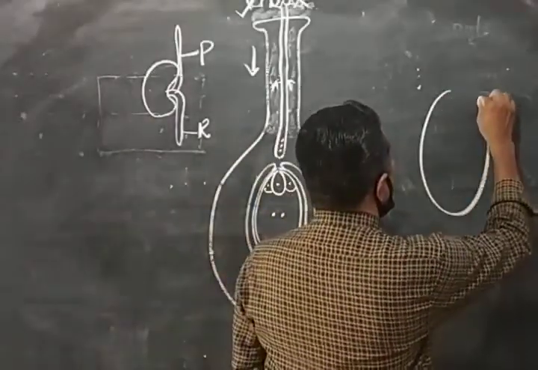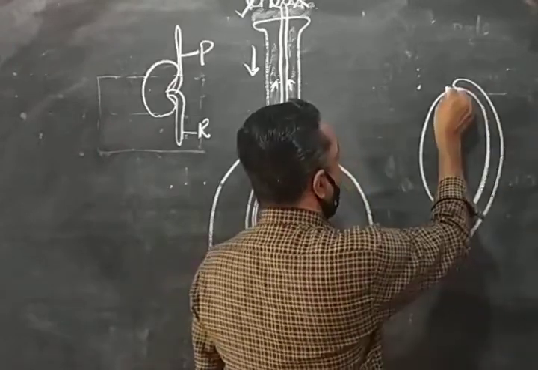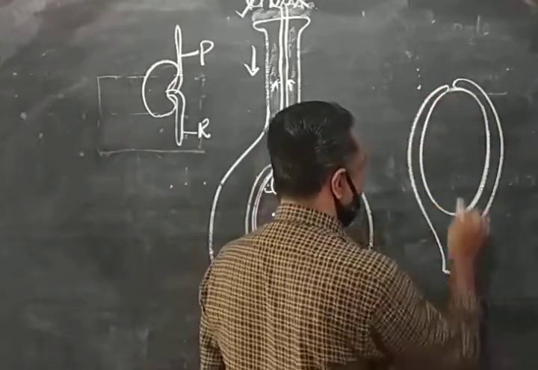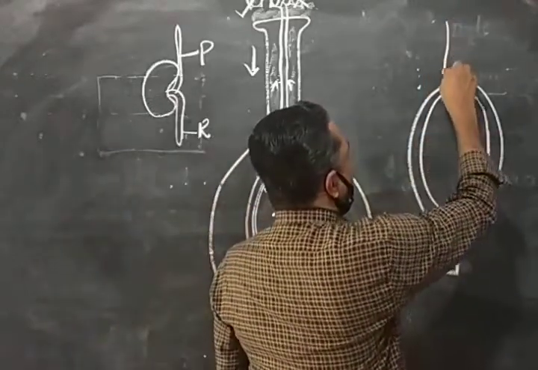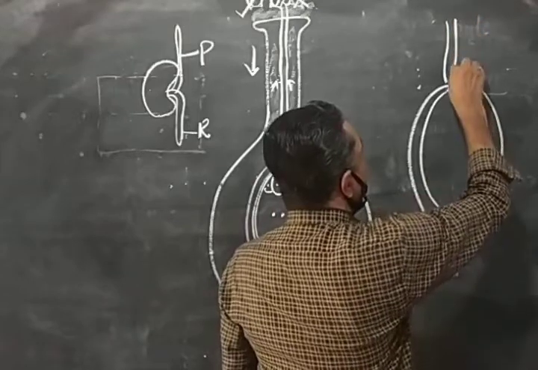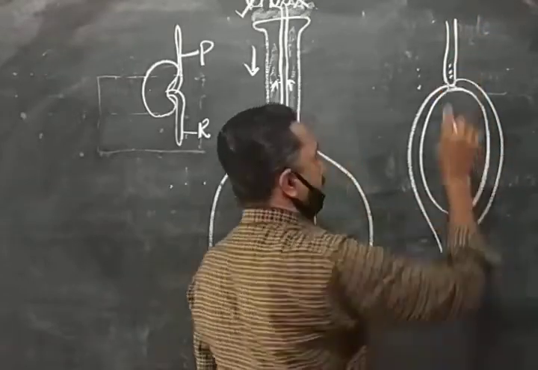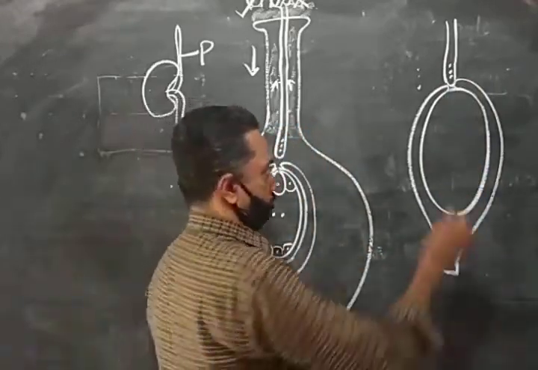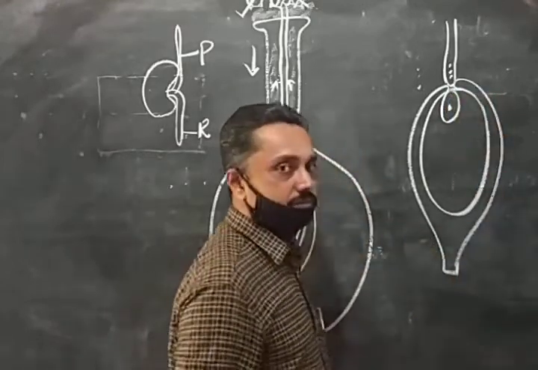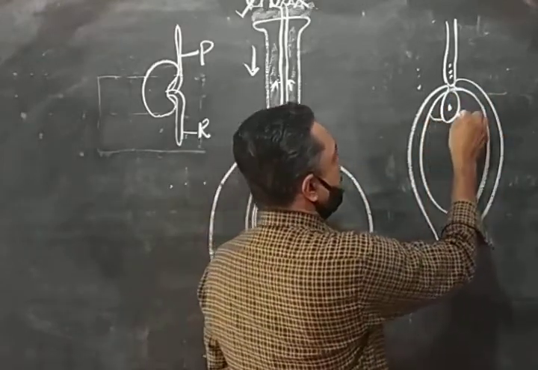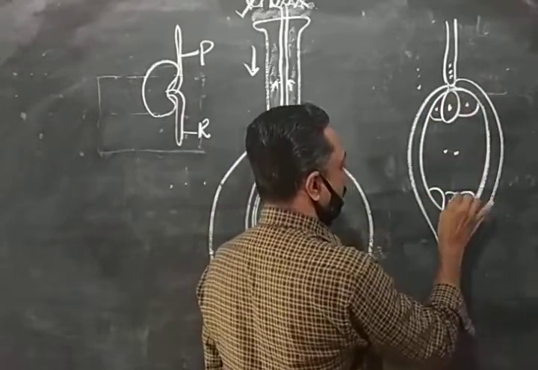See, this is the embryo sac, a structure like that. The pollen tube with the nuclei reaches near the micropyle, and inside there is the female gamete and two synergids on either side, two polar nuclei and antipodal cells.